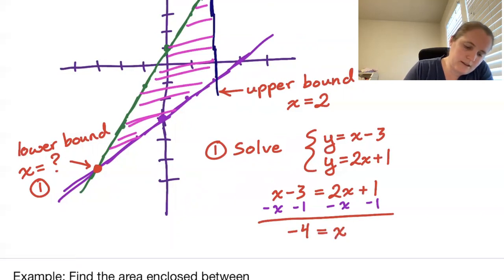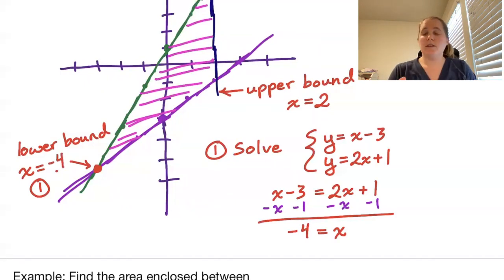So this is that x is equal to -4. So we're interested in the area from x equals -4 to x equals 2 between these two functions.